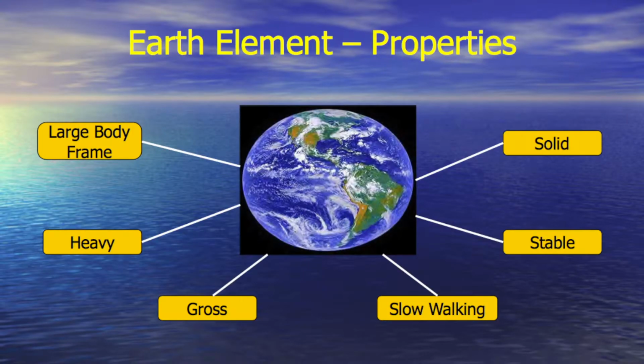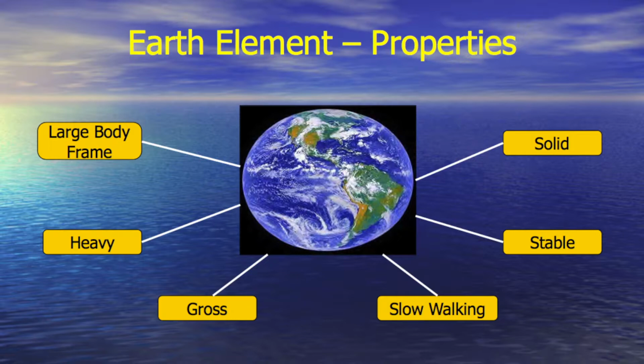So that's how we will understand these elements in nature, by solidity, hardness, weight, heaviness, stability. These are the things that we will look for, which are the effects of the earth element.